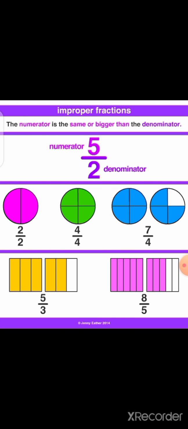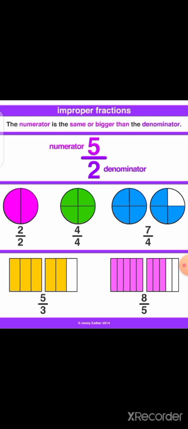Another kind is improper fractions. When the numerator is the same or bigger than the denominator, these types of fractions are called improper fractions. An example of an improper fraction is 5 over 2. 5 is the numerator, 2 is the denominator.